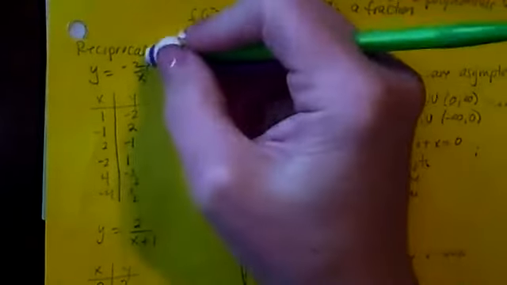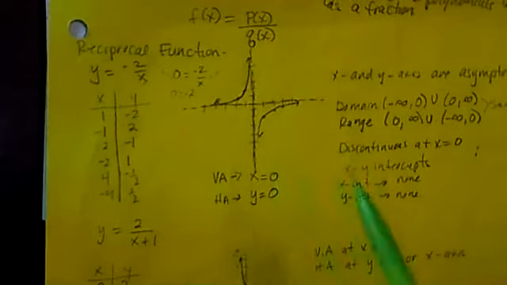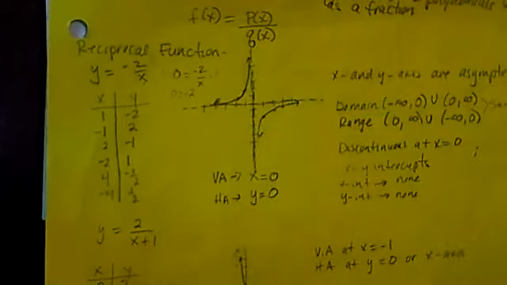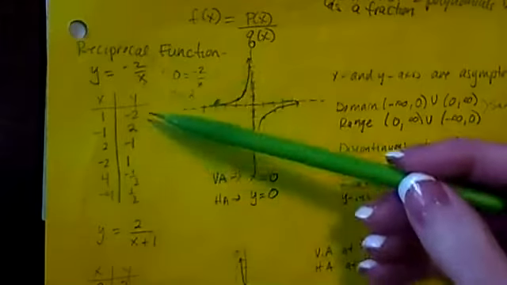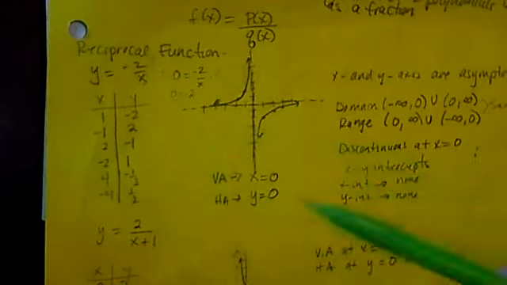Okay, now I'm just going to erase this because I'm going to use these notes again later. All right. So now we know our graph can't cross the y-axis and it can't cross the x-axis. Now I did a whole set of tables here. You don't have to do that. I just need you to pick.